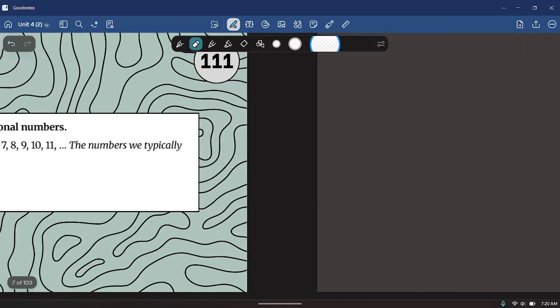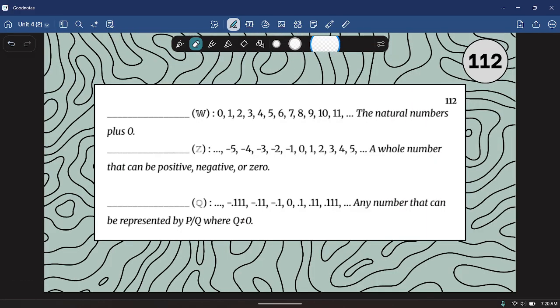All right. On page 112, we have something that's represented by a W. And it's the natural numbers plus 0. Take a guess on what you think it is. It's the whole numbers. Next, we have the whole numbers, but they can be positive, negative, or 0. That is represented by a Z for some reason, and that is the integers.